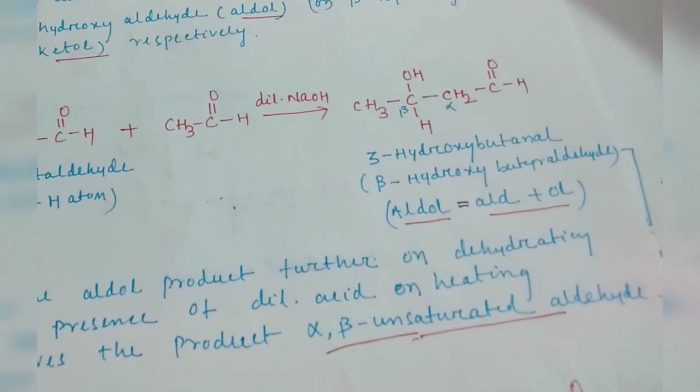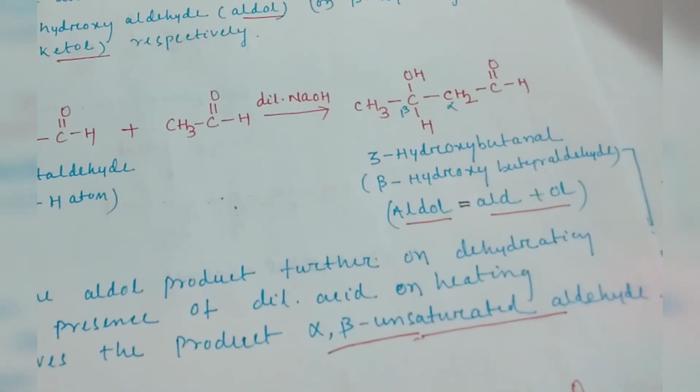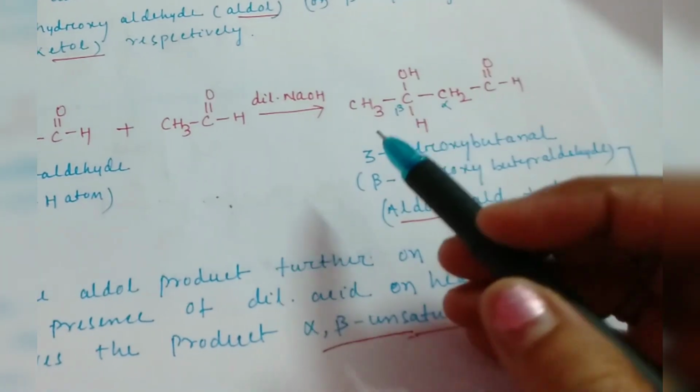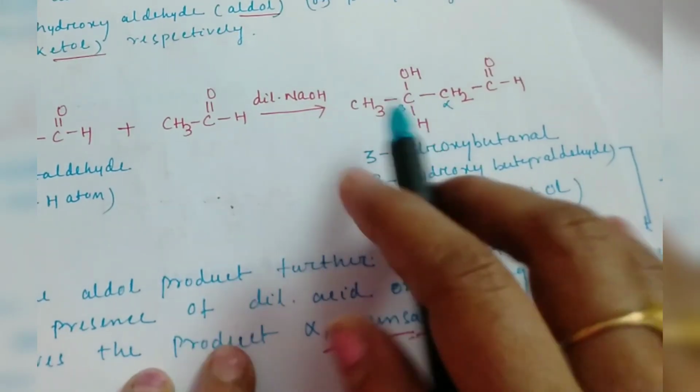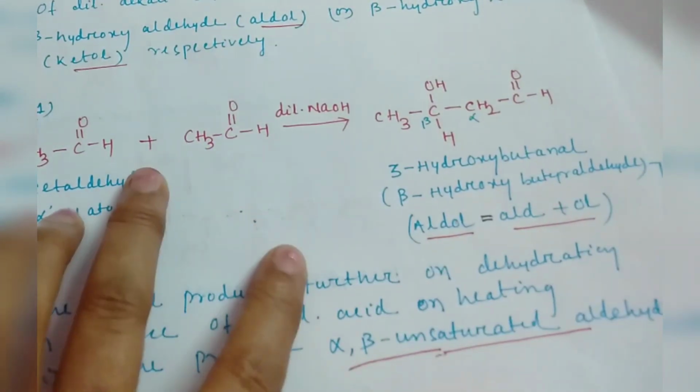Now, how will you know the product without doing the mechanism? Suppose if you write only the product, for a 1 mark question. Suppose 2 aldehyde molecules are there, acetaldehyde molecules.